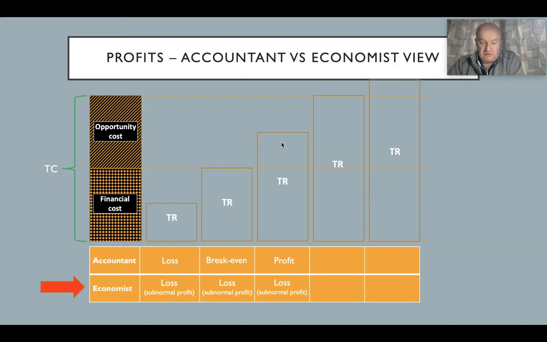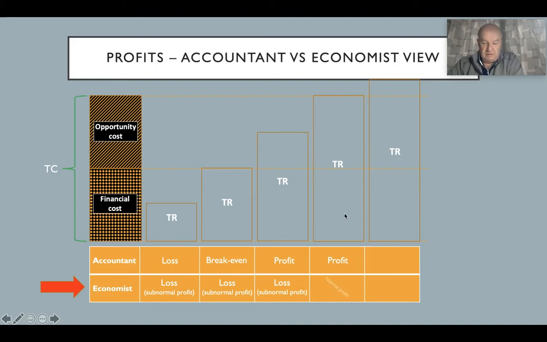Now, if we look at the next example, where our total revenue is going to equal our financial cost plus our opportunity cost, as far as an accountant is concerned, that is a significant amount of profit being made. You can see that total cost and opportunity cost are around about the same. So from the accountant's viewpoint, you would be making a significant amount of profit on that particular piece of trading.